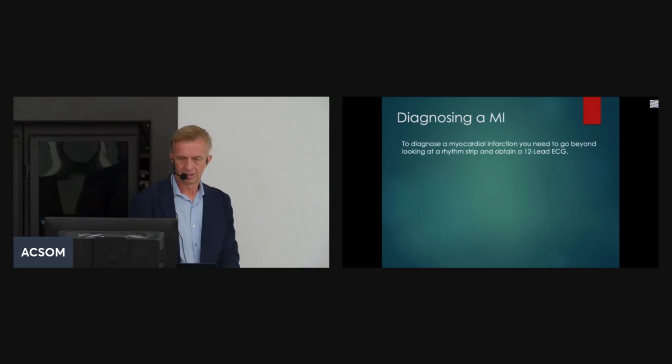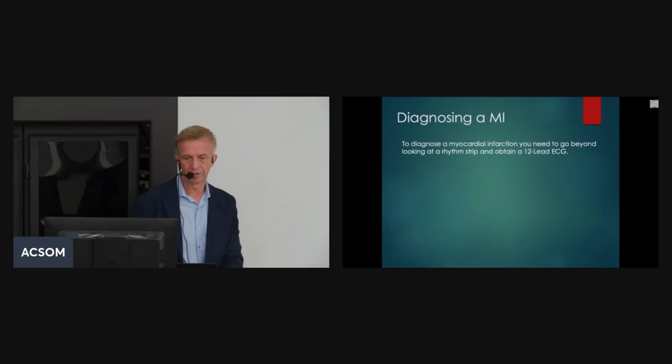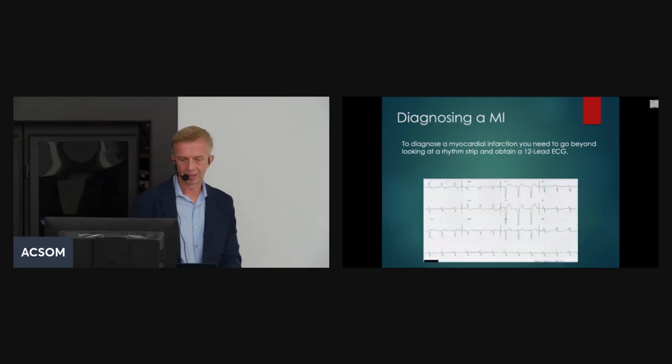We'll talk briefly in the last 5 minutes about acute myocardial infarction. I started the lecture with a light presentation of myocardial infarction, but I will show you the electrocardiogram in a patient who has acute myocardial infarction.